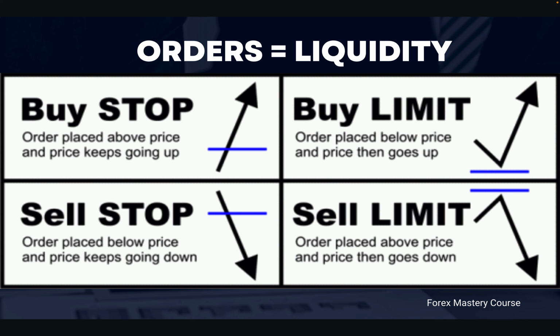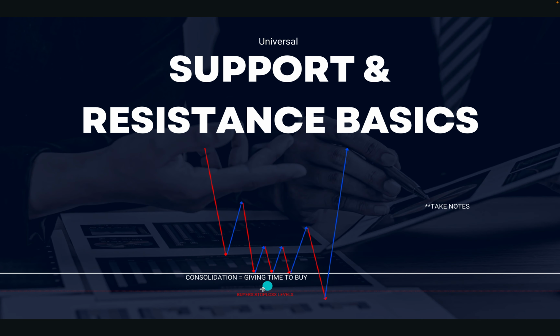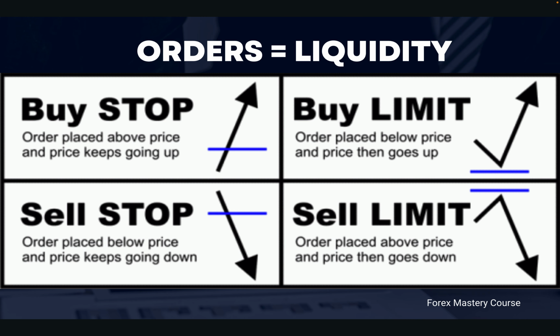We have to understand that orders are liquidity. There are multiple different types of orders. Apart from stop loss orders, where we're looking at potential stop losses under this level where buyers are accumulating buys, we could also think of orders as liquidity: buy stops, pending limit orders, or pending stop orders, whether in the form of buy orders or sell orders.